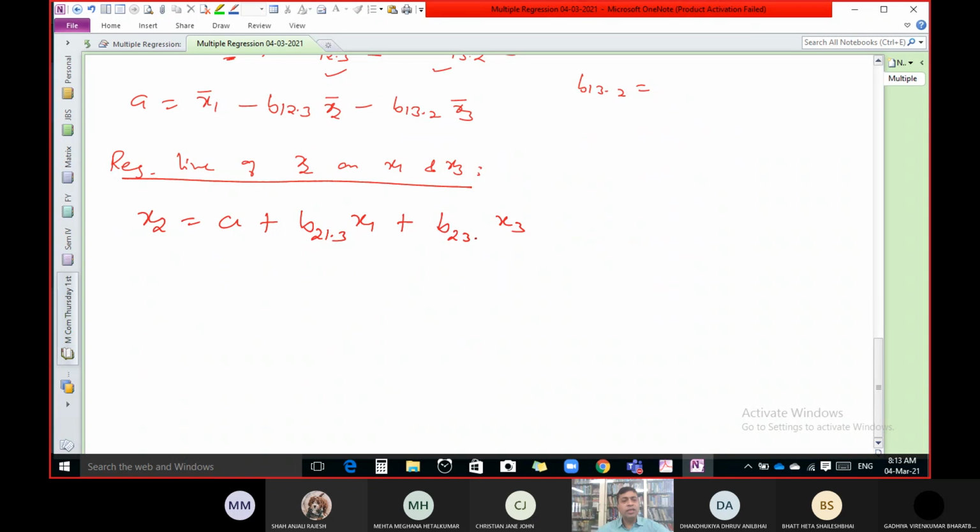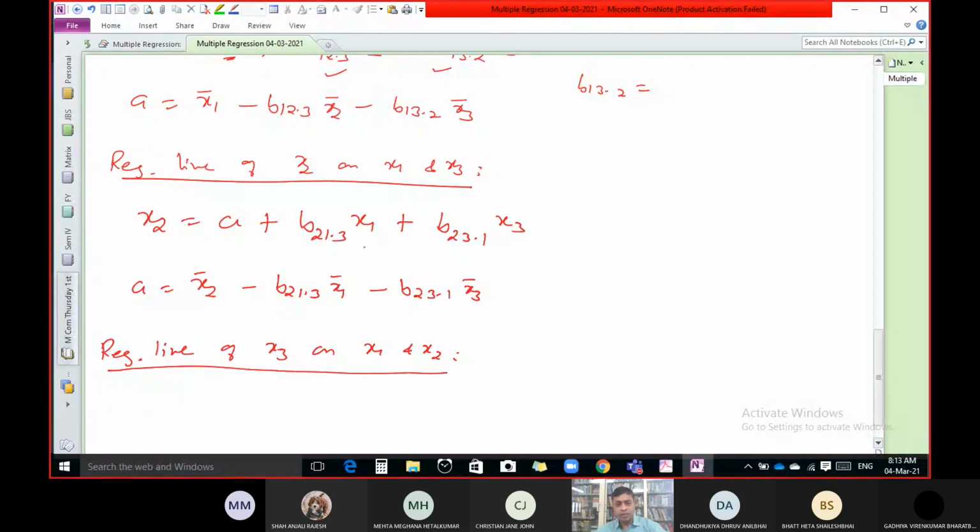To calculate a in the same way, take these two terms to the other side: a equals x2 minus b21.3 x1 minus b23.1 x3, using the average values of x1, x2 and x3. So this is the regression line of x2 on x1 and x3. Similarly, there is a regression line of x3 on x1 and x2. So there are three regression lines here because there are three variables.